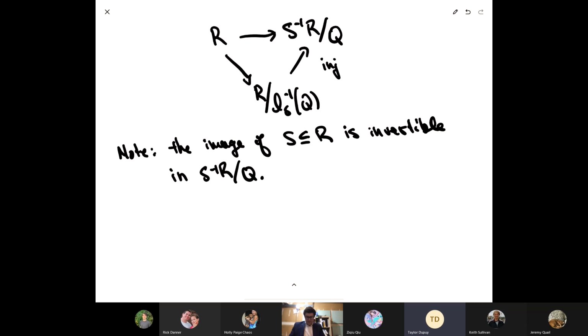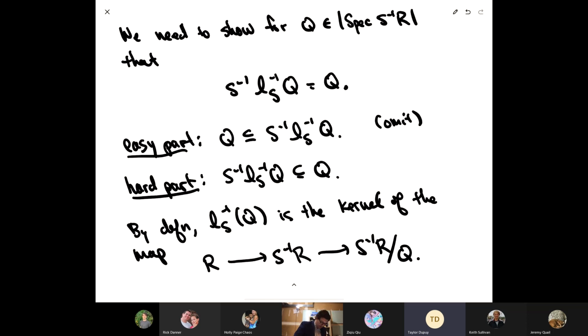So this means by the universal property, and that's kind of by definition, right? It's because it was already invertible here. That's how we constructed it, and so it's going to be invertible in this big image.